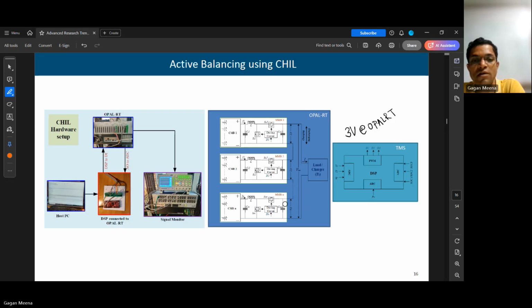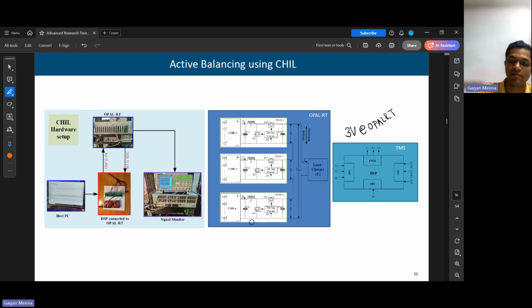These will be used by the software if one is going to use them. These are the outputs for the gate driver circuits, and the inputs are all the current values and all the state of charge values.